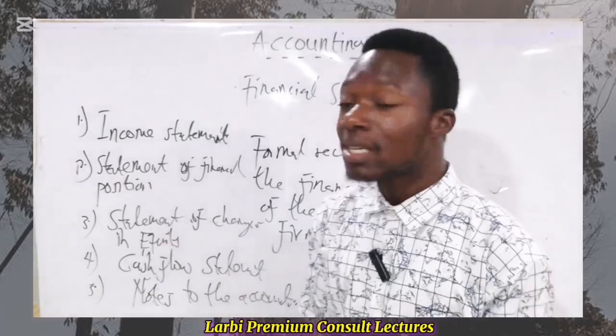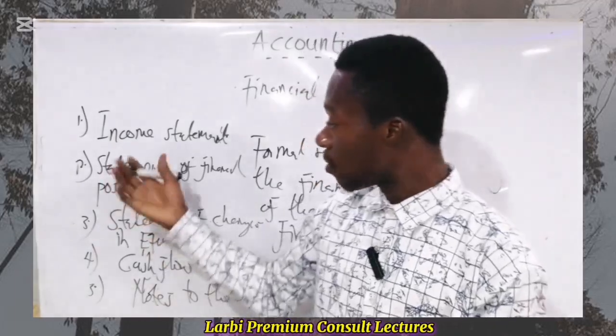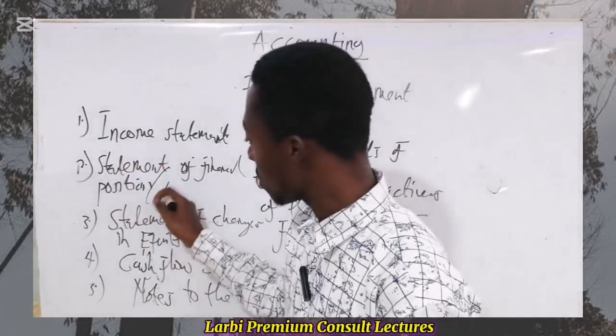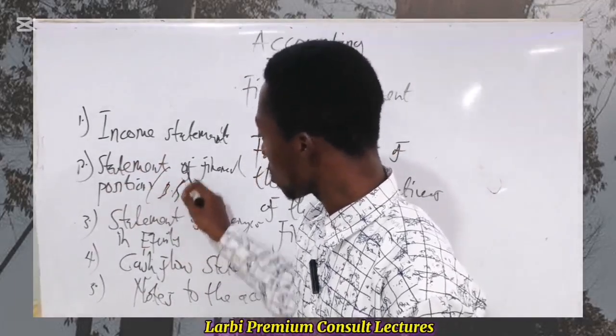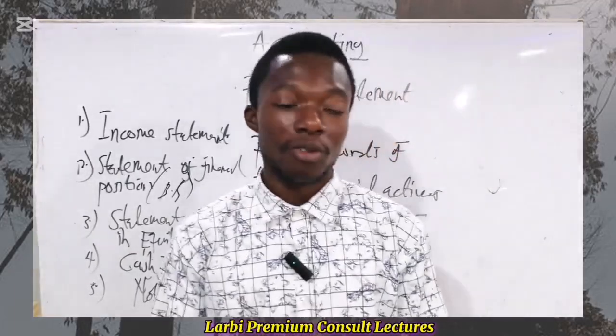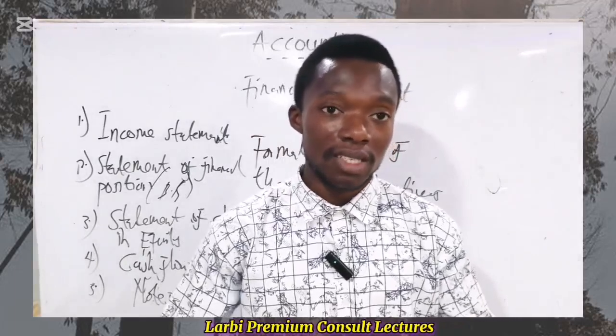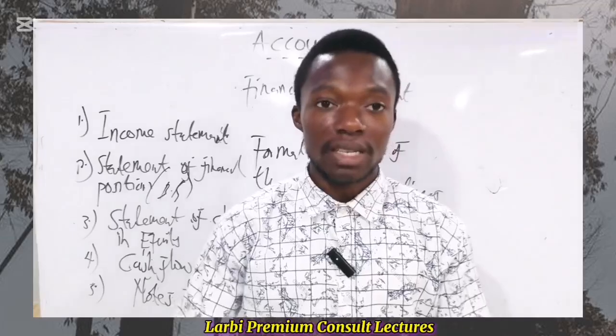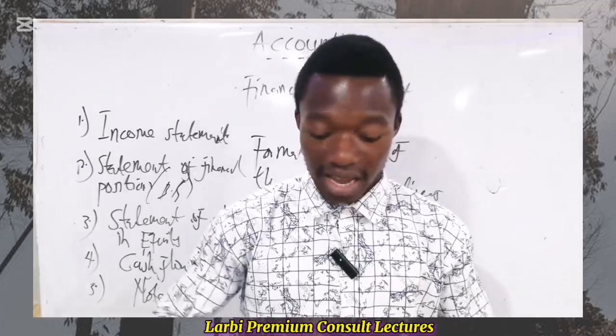When we refer to the statement of financial position, also called the balance sheet, the BS, it helps us to know the current status of the firm. We want to know the position that they stand, their strength as at now.